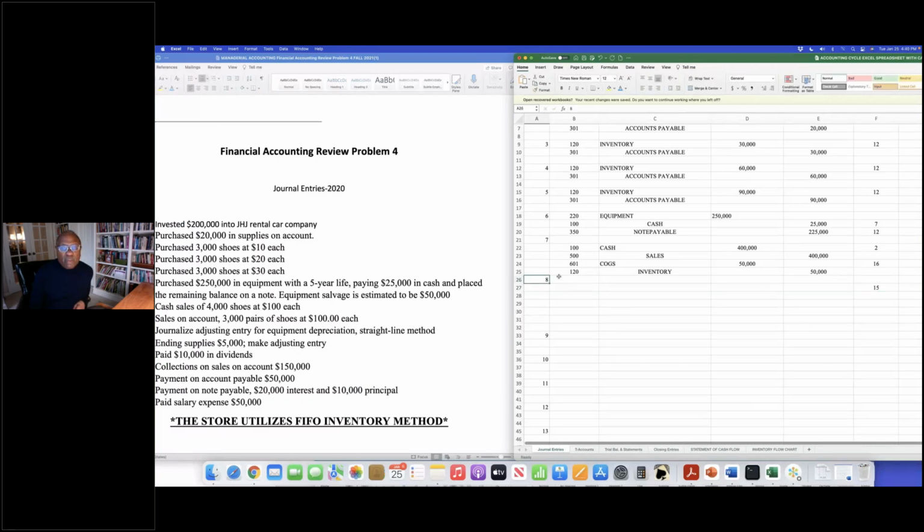So what are we going to debit? Accounts receivable. Okay, we're going to debit accounts receivable. What are we going to credit? What does 15 say we credit?